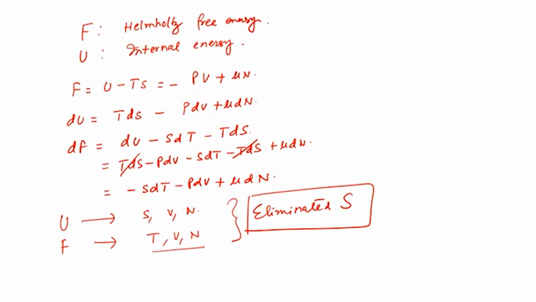Nevertheless, the central message is that all these thermodynamic potentials are related to each other by the Legendre transformation. We will stop here with the thermodynamics part, and carry on with the beginning of statistical mechanics. Thank you.